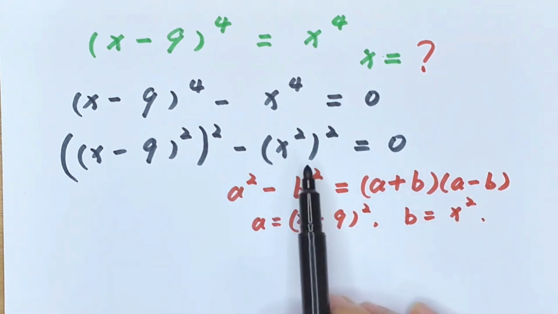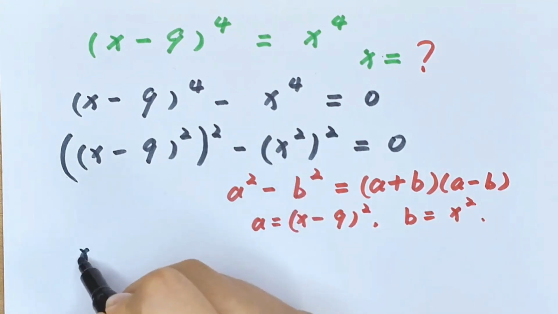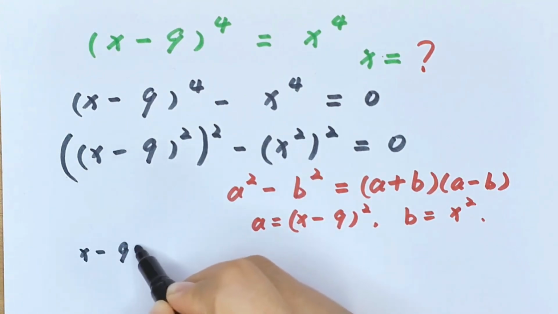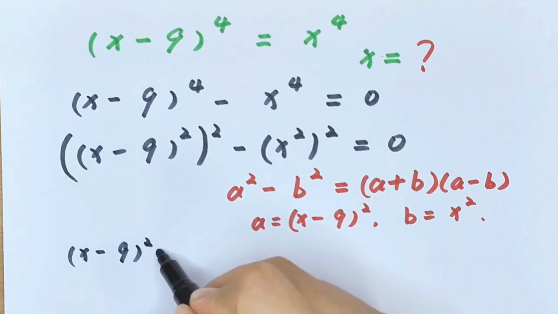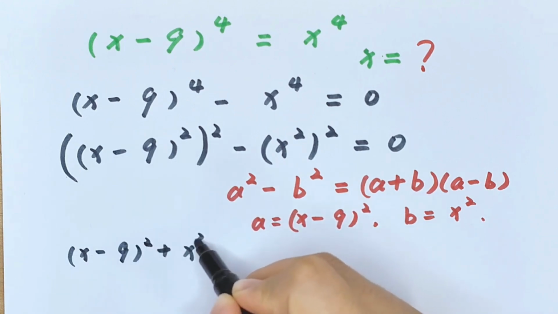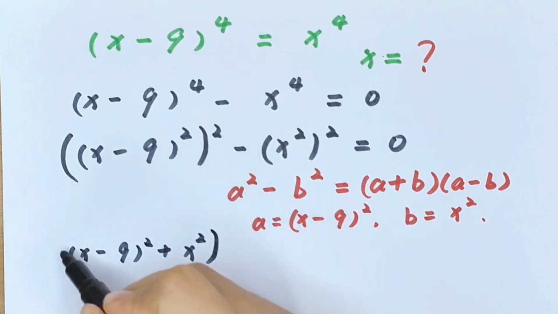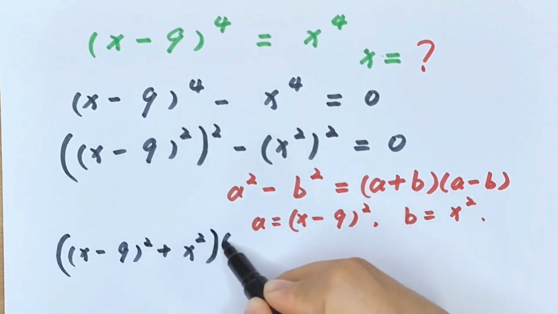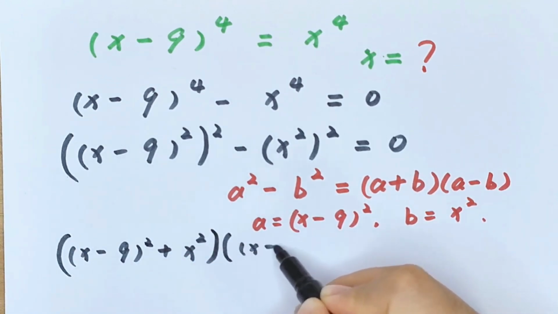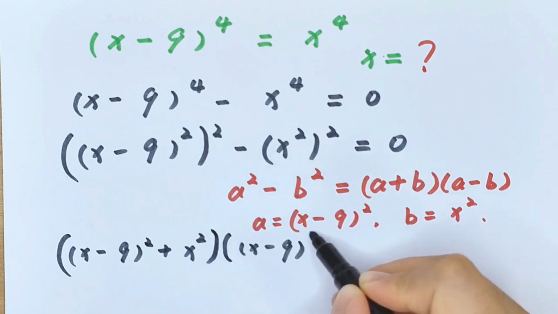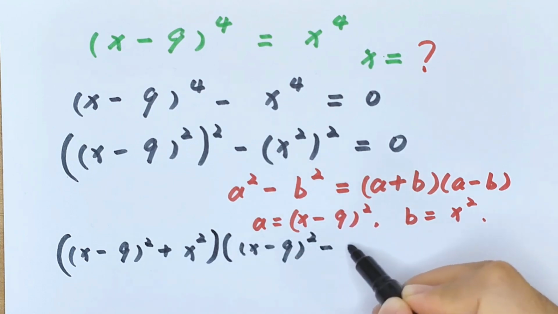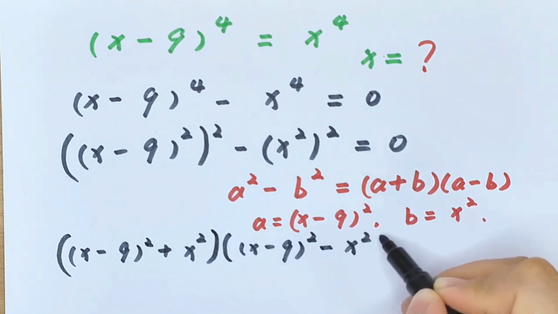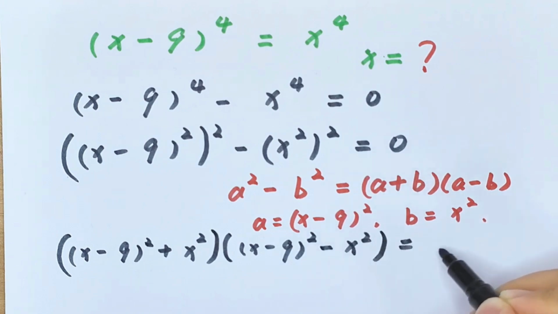Now our equation can be written as ((x minus 9) squared plus x squared) times ((x minus 9) squared minus x squared) equals 0.